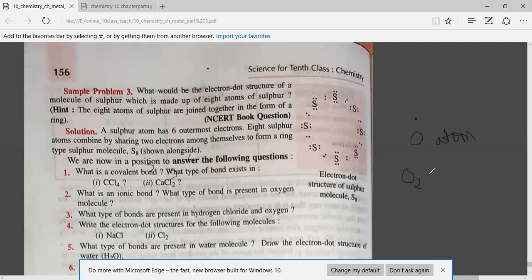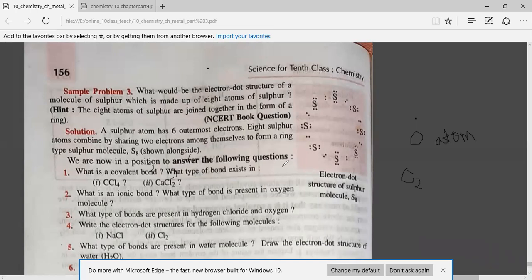The oxygen is combining with the oxygen, and oxygen is a non-metal. So a non-metal is combining with a non-metal.